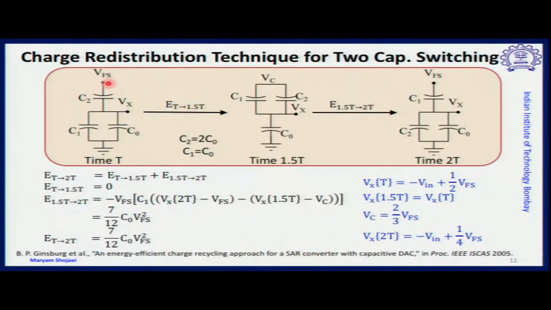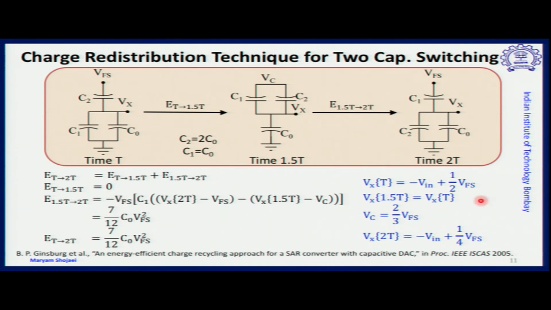This helps a lot, because when we disconnect V full scale from the capacitors at 1.5T, other than some slight power due to non-ideal effects during switching, we don't draw energy from V full scale. Therefore, the transition from T to 1.5T is ideally of 0 energy loss.